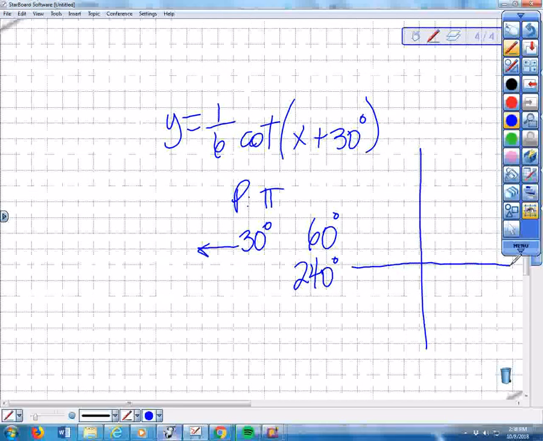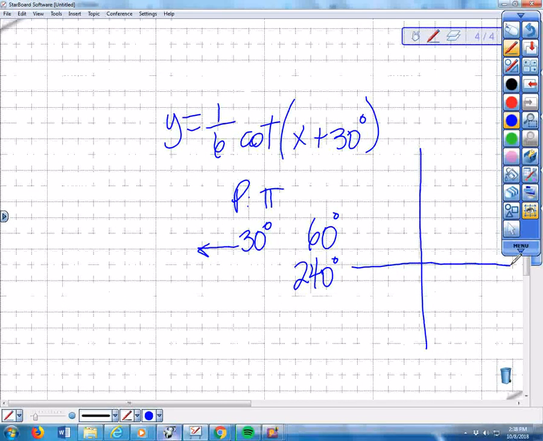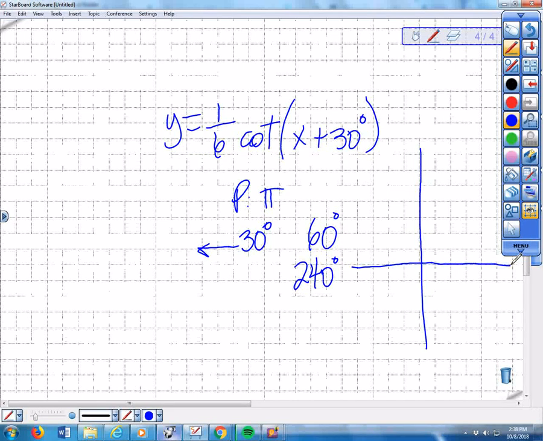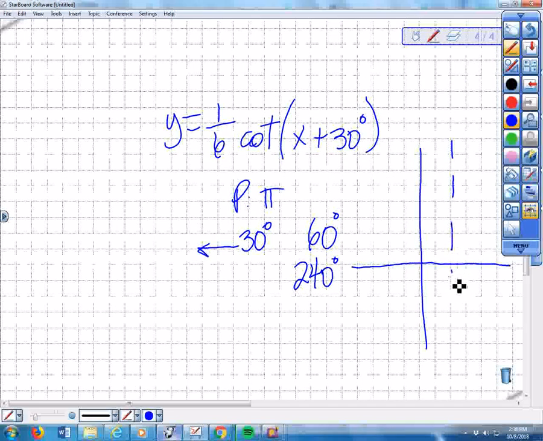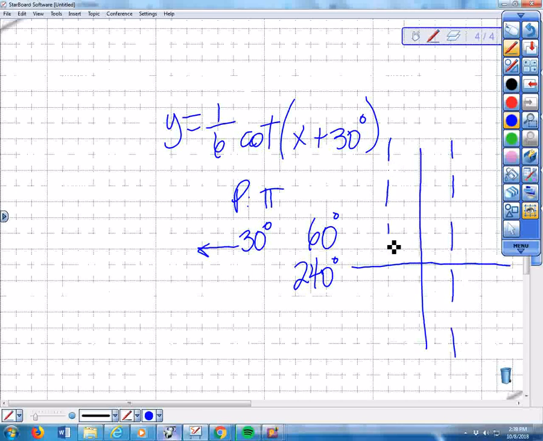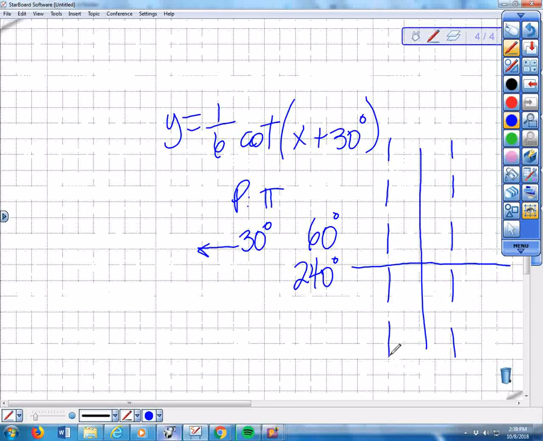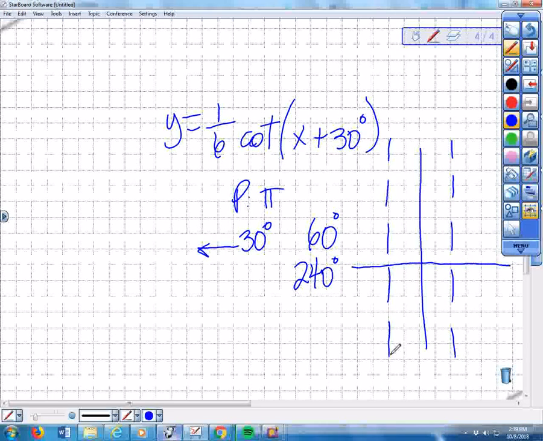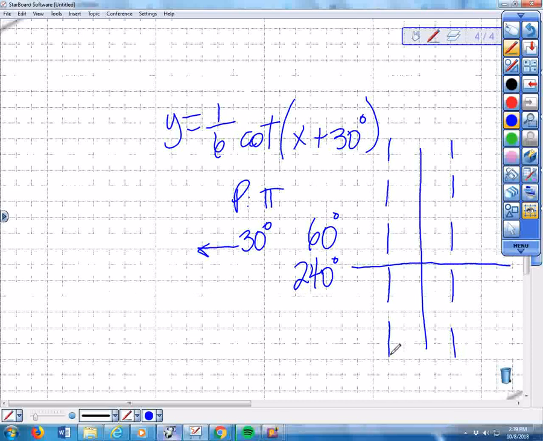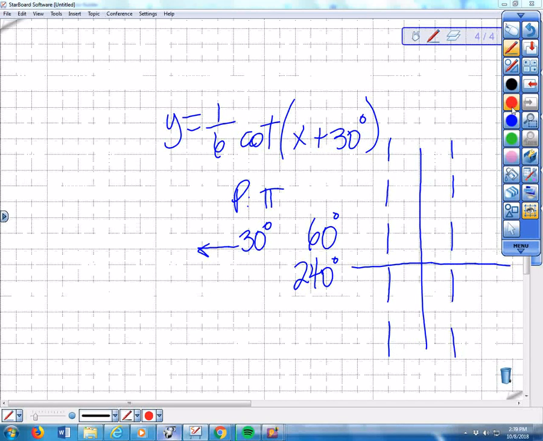So it used to be our asymptotes happened at pi over 2 and negative pi over 2. But now this is going to shift 30 degrees, wherever that ends up being.